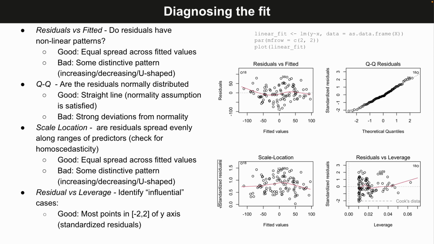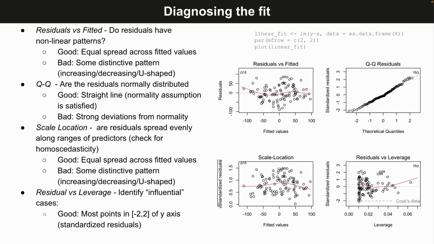You can standardize them by essentially doing the z-score: you take any value, subtract the mean, and divide it by the standard deviation. This is expected to follow a standard normal distribution. What you're essentially doing is looking at the quantiles of this and plotting them against each other. If it is indeed normal, it will follow along this 45-degree line.